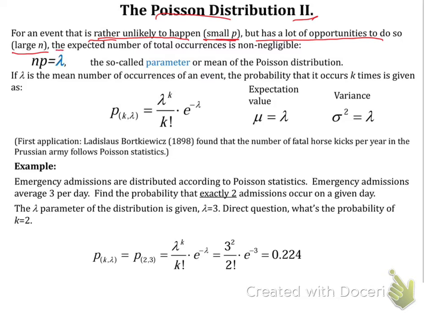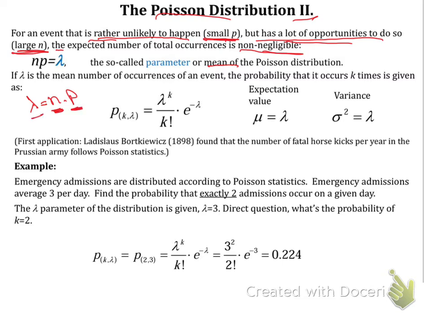So here, if I have an event that's rather unlikely to happen, it has a small probability, but it has lots of opportunity, or a large number of observations, then we cannot ignore it. It is not negligible. As we have taken earlier, the mean equals n times the probability, the number of opportunities times the probability.